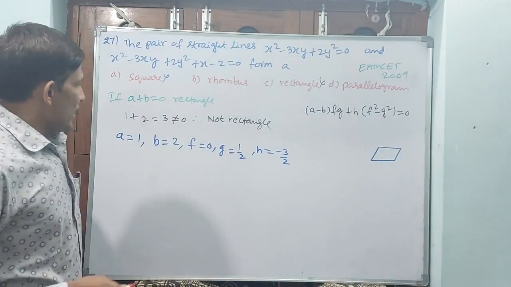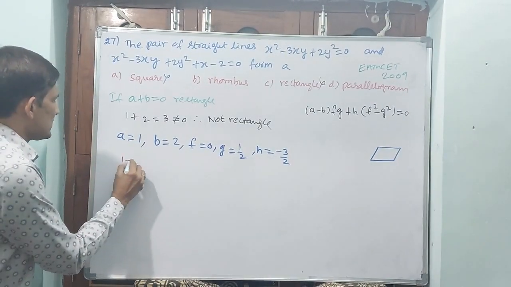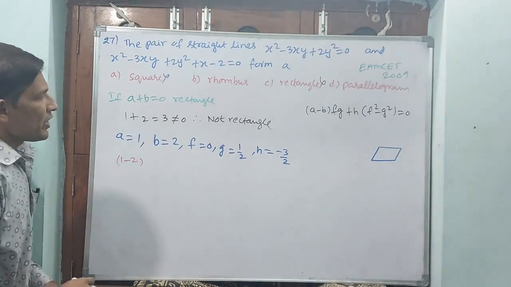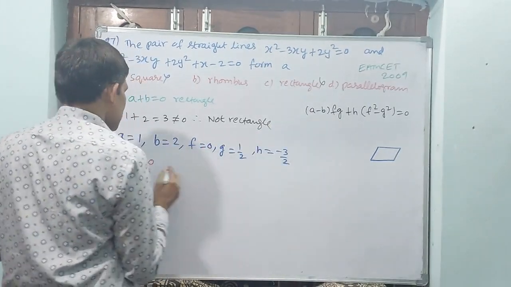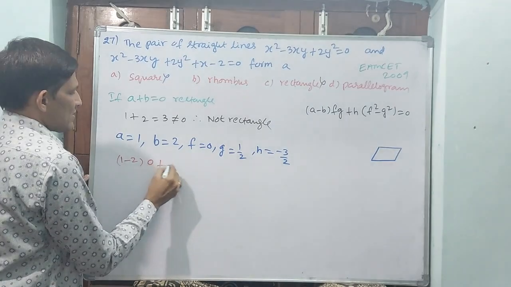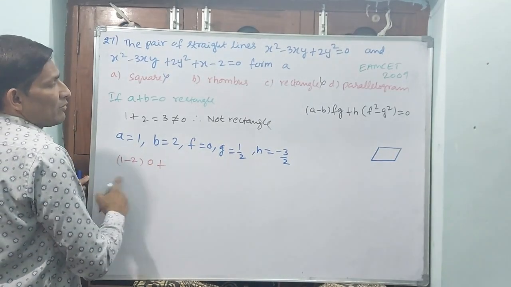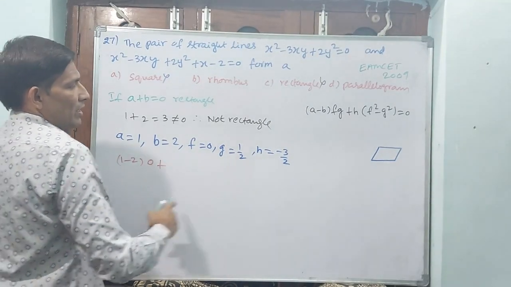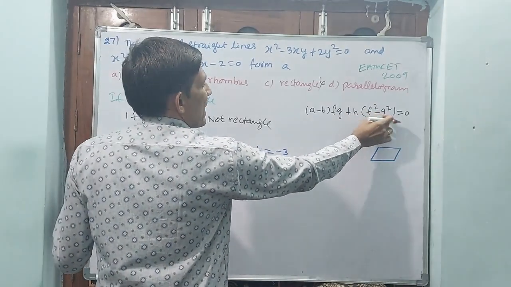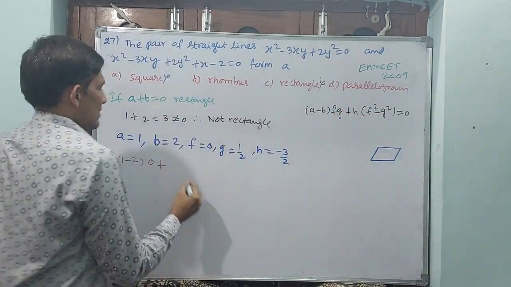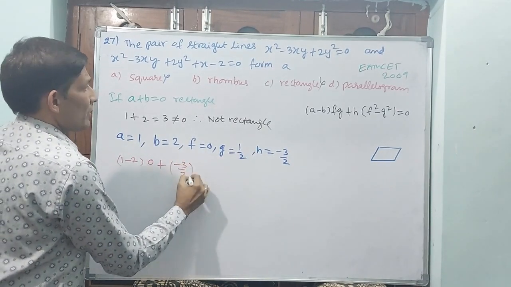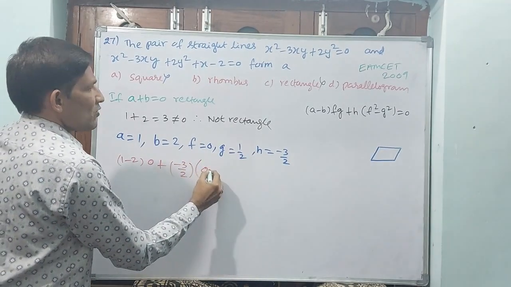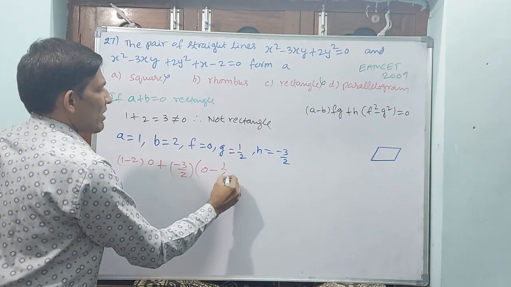A minus B, 1 minus 2, into fg, which is 0. 0 into something means 0, so you need not worry. Plus h, which is minus 3 by 2, into f square 0 minus g square 1 by 4.